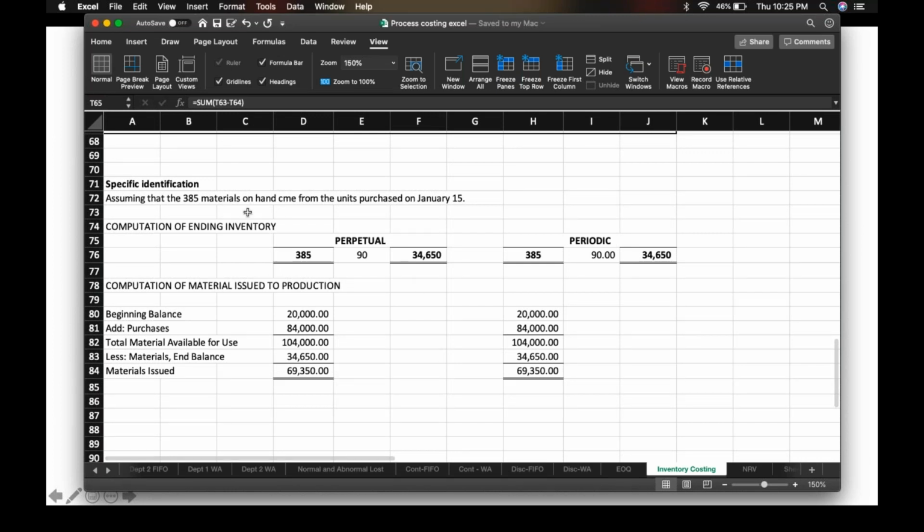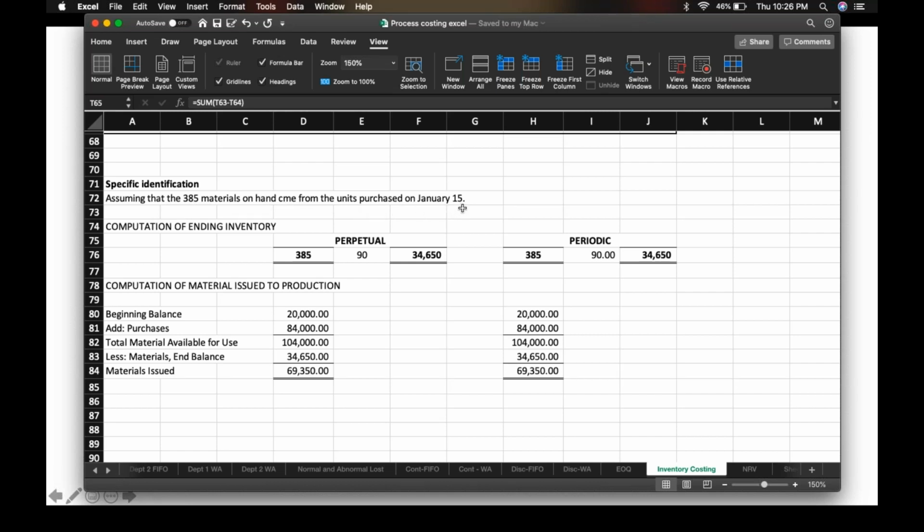And then, specific identification, since alam mo kung anong materials, specified ko anong materials yung nasa ending inventory mo. Say, for this example, the remaining 385 materials came from the units purchased on January 15.